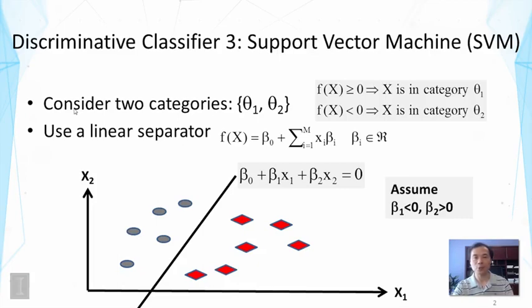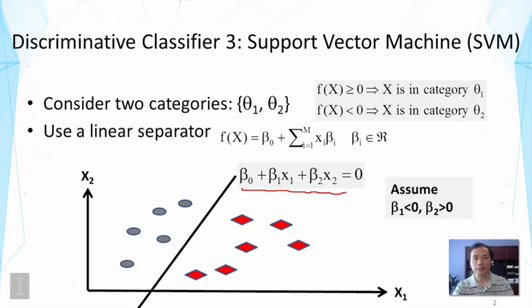Now I've shown you a simple case of two-dimensional space with just x1 and x2. In this case, this corresponds to a line that you can see here. Right? So this is a line defined by just 3 parameters, beta 0, beta 1, and beta 2.